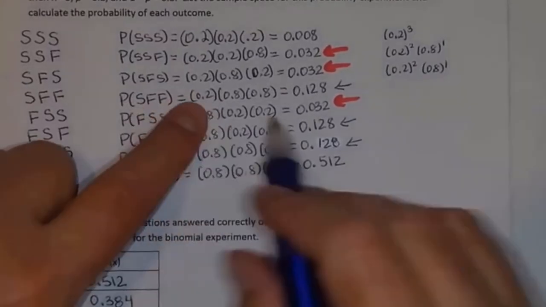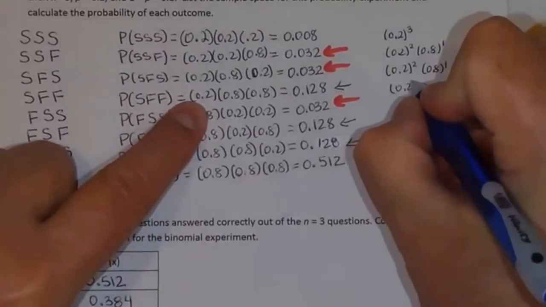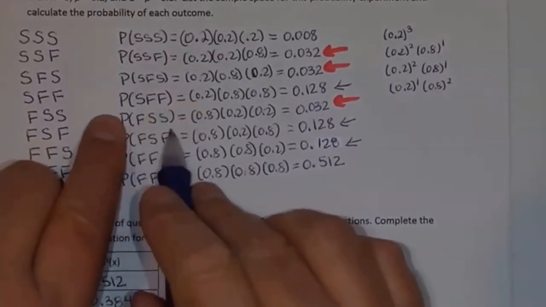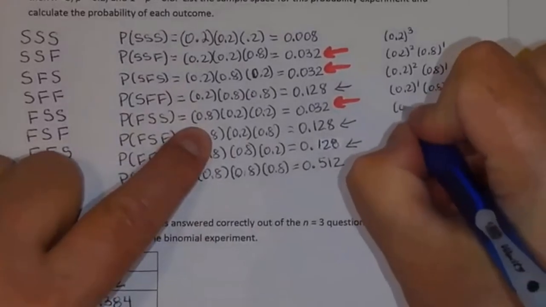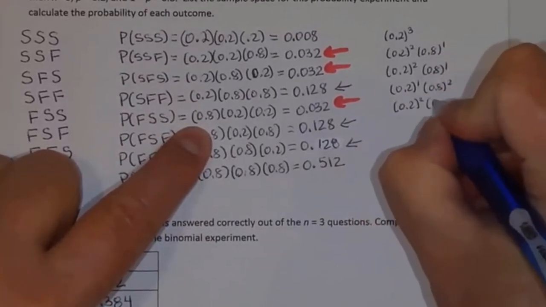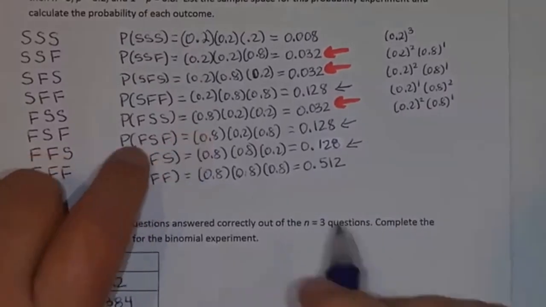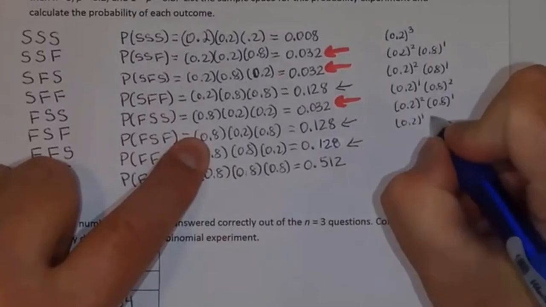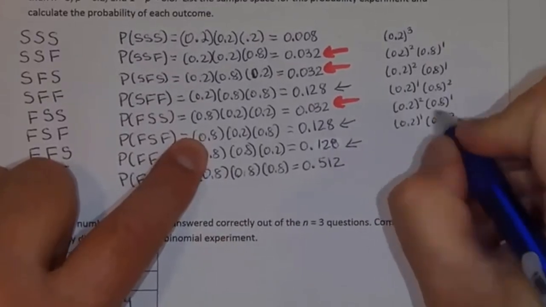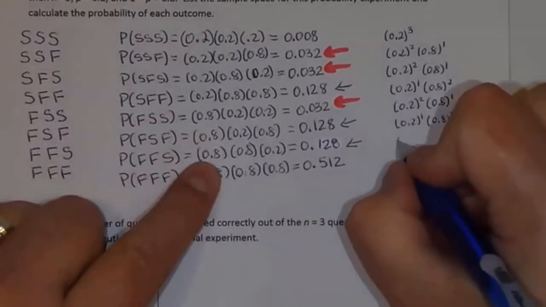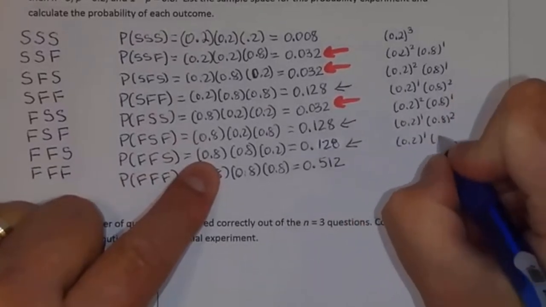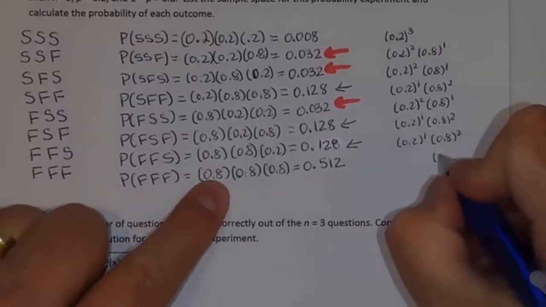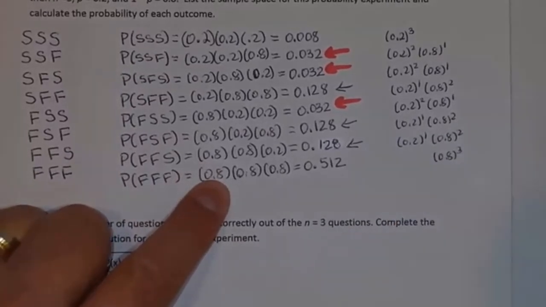Success, failure, failure, we had 0.2 once, and 0.8 twice. Failure, success, success, we had 0.2 twice, and 0.8 once. Failure, success, failure, we had 0.2 once and 0.8 twice. Failure, failure, success, we had 0.2 once and 0.8 twice. And failure, failure, failure, we had 0.8 3 times.